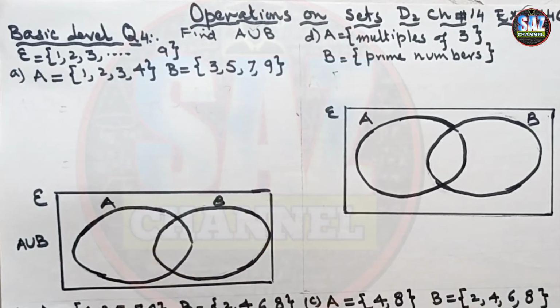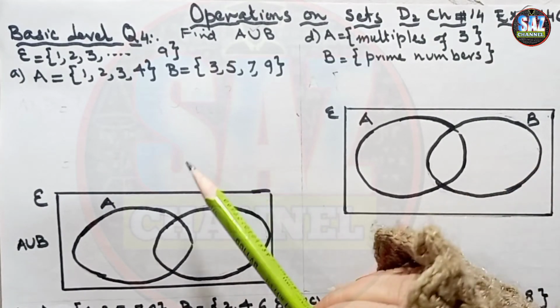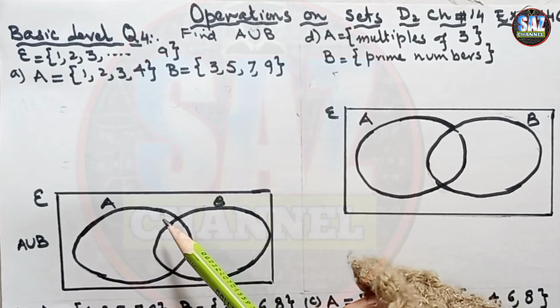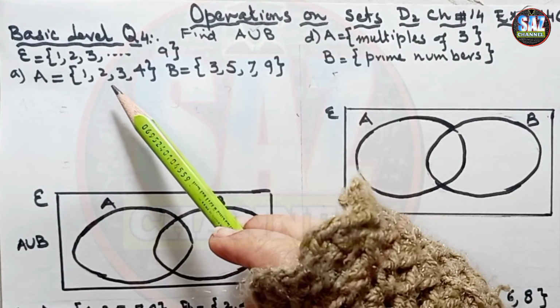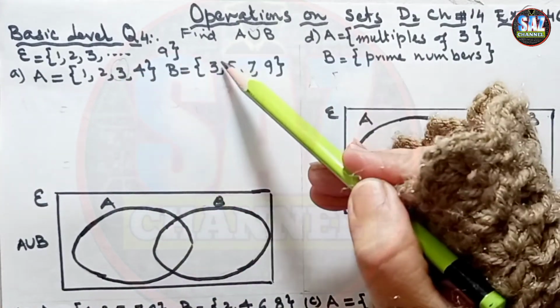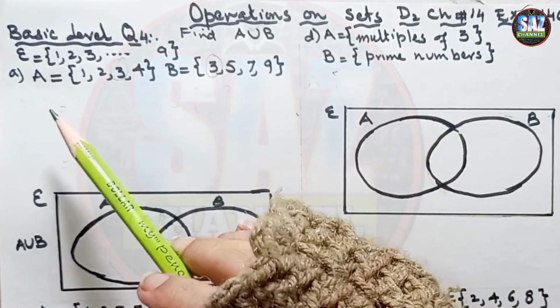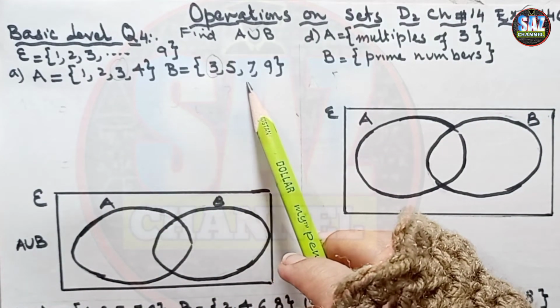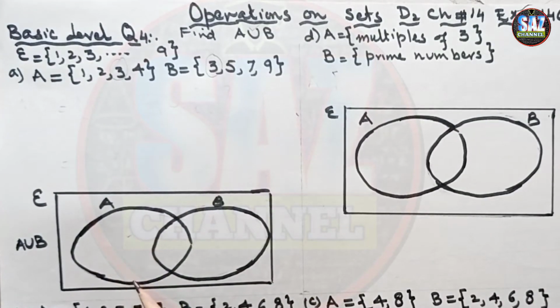Now the second important thing is that in order to draw the Venn diagram, we have to see what type of diagram we have to make. For that purpose, if we look at set A, it's having element 3, which is also the element of set B. It means both the sets are having some elements same and the rest are different. So it's the situation of overlapping sets.